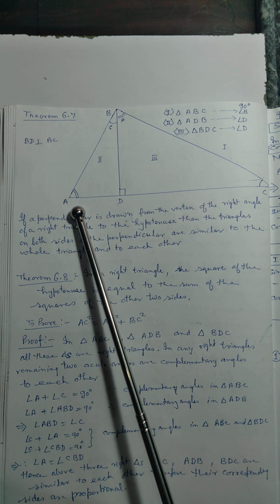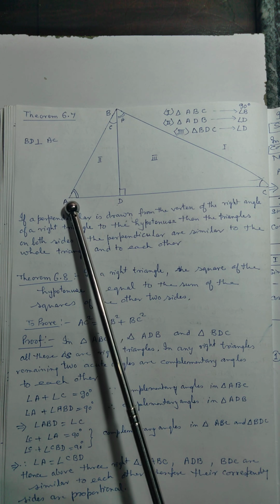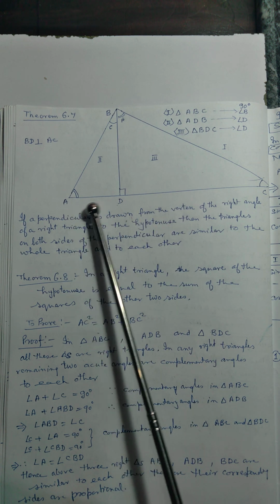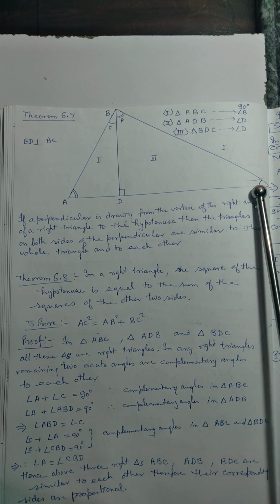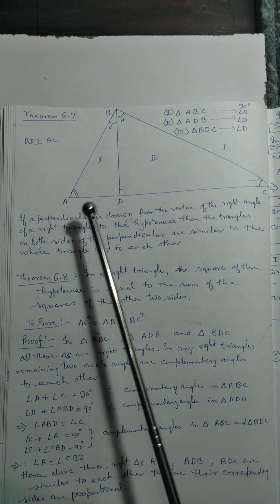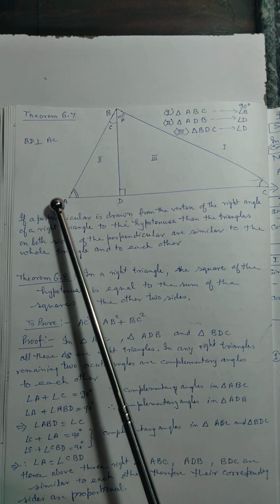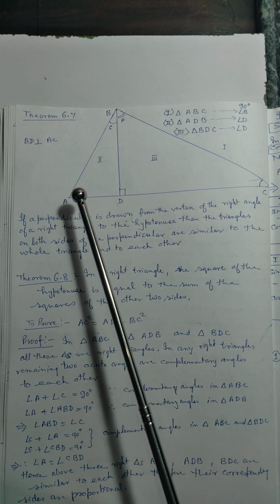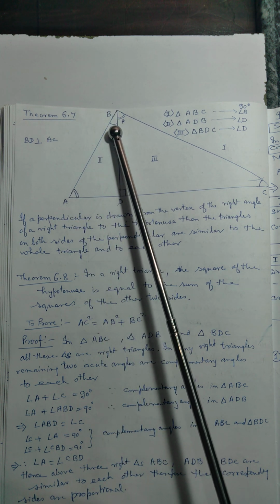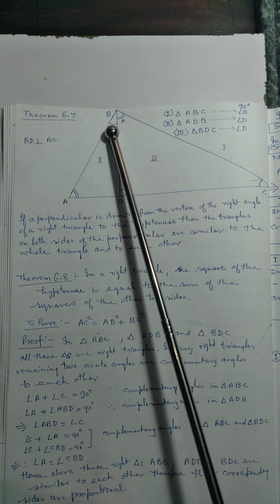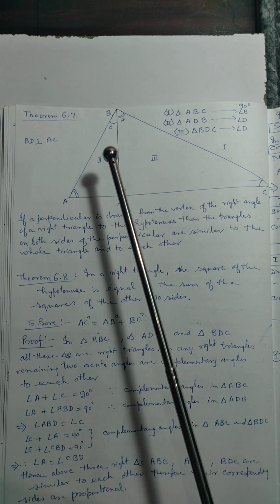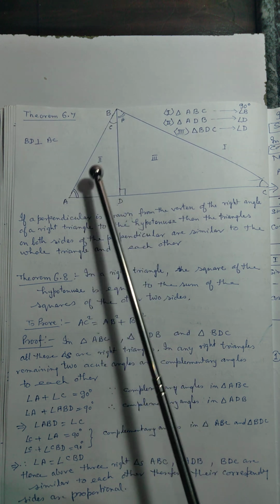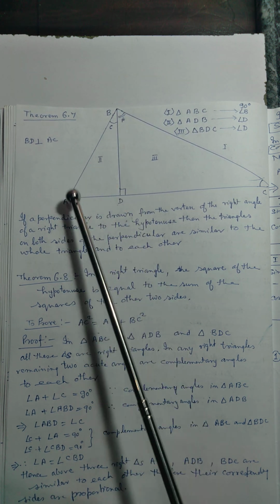But side by side you see the complementary angle of A in the bigger triangle. The complementary angle of A is C. And what will be the complementary angle of C? That is A. So in this triangle ADB, here D is the 90 degree, therefore angle ABD and angle BAD are complementary angles.